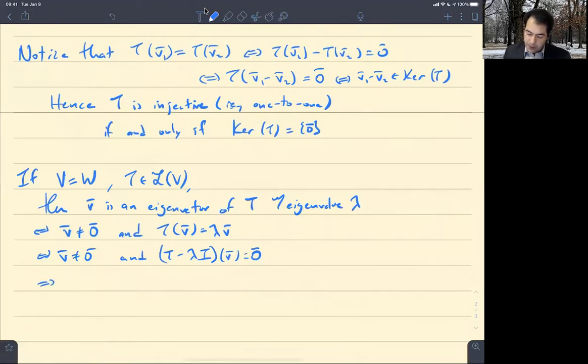So now we have another way of saying this. V is not 0, and V is in the kernel of the linear map T minus lambda times the identity.